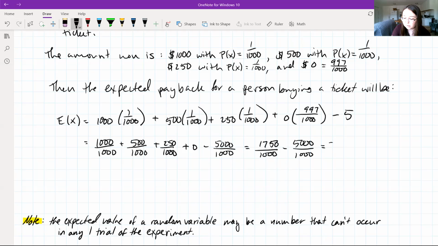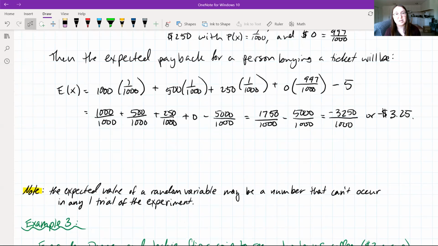And this is going to give us, once again, negative 3,250 divided by 1,000, or negative $3.25, or losing $3.25. So these are two different methods that we could really use to calculate our expected value, and we see it's going to be the exact same answer. So we can use either method when calculating expected value.